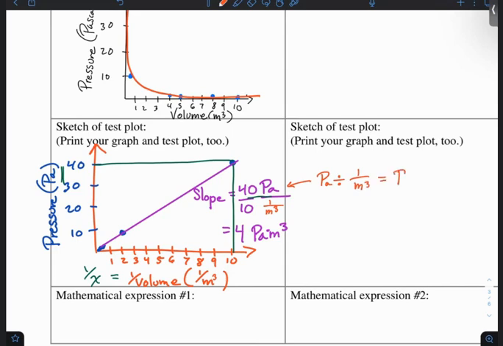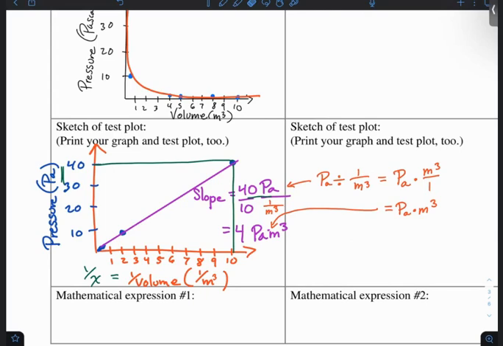So pascals times, and then I can flip the 1 over meters cubed upside down, so I'll end up with meters cubed over 1. Then I really just have pascals times meters cubed. That is where the units come from right here. All right, so now I have my x variable, my y variable, and my slope.